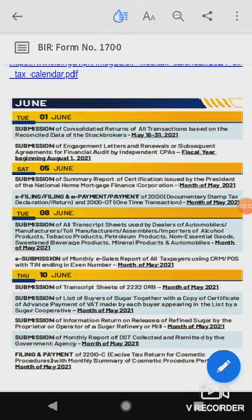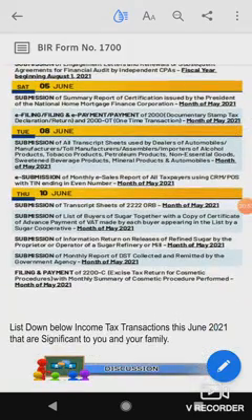We have here some things. On June 10, for example, submission of transcript sheets. We have submission of the list of buyers of sugar together with a copy of the certificate of advance payment of VAT. Since the sugar industry right now is charged with value-added tax, this is made by each of the buyers appearing in the list by the Sugar Cooperative.